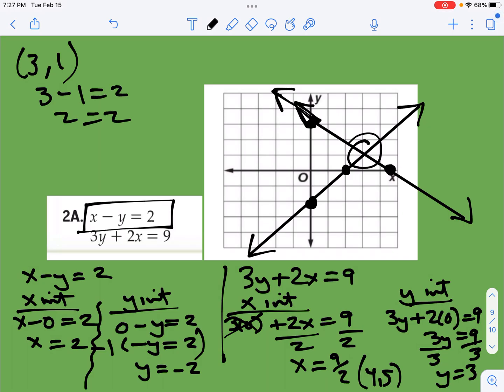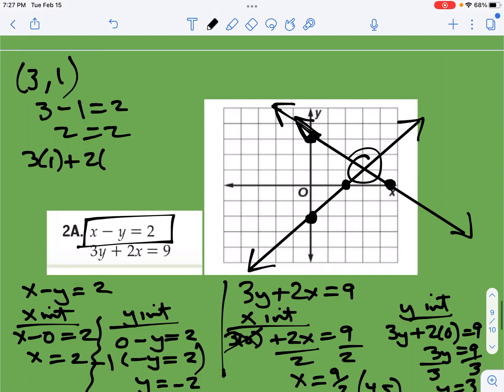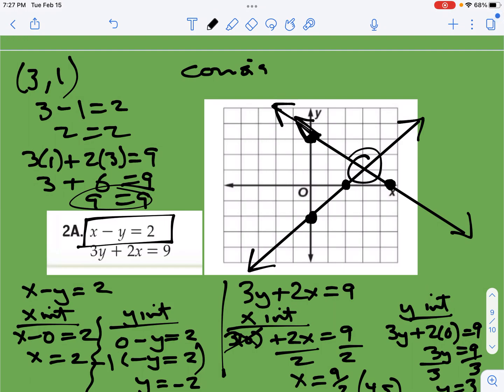In the second one, we have 3 times my y, which is 1, plus 2 times my x, which is 3, equals 9. So we have 3 plus 6, and 3 plus 6 last time I checked was 9. So it works out. That's my solution. This is consistent and independent.